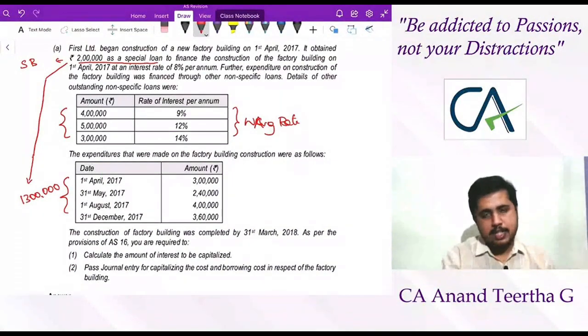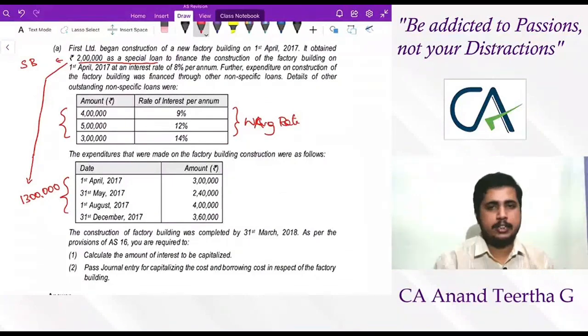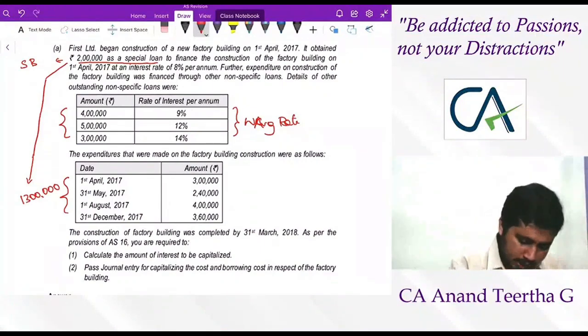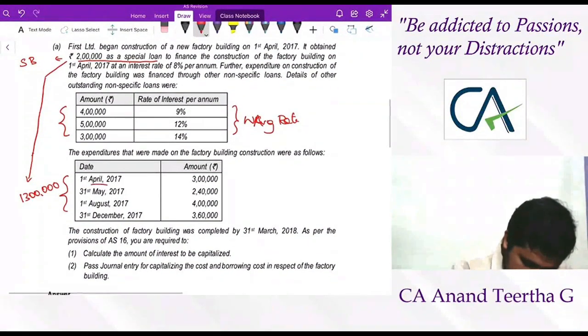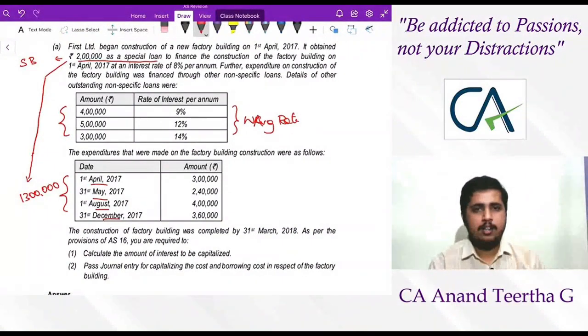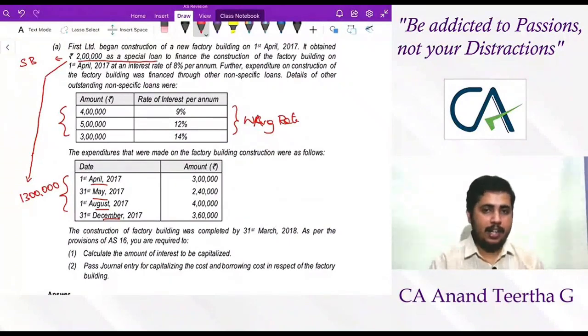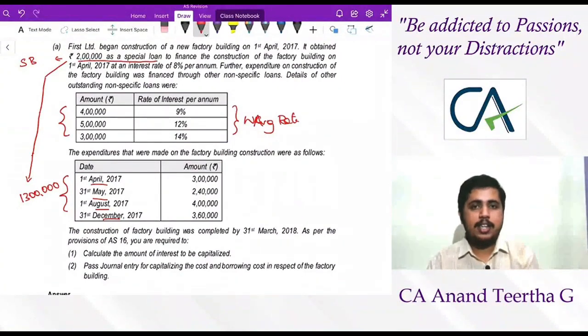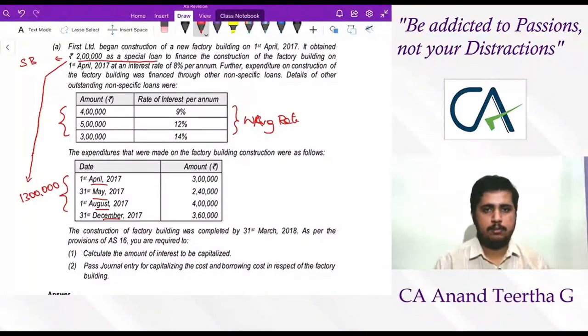Starting from 1st April, all the interest belongs to the qualifying asset. That could be capitalized. However, here if you see, the amount is not all utilized at the beginning of the year. They are utilized at different timelines. Since you are utilizing them at different timelines, convert that into one timeline.